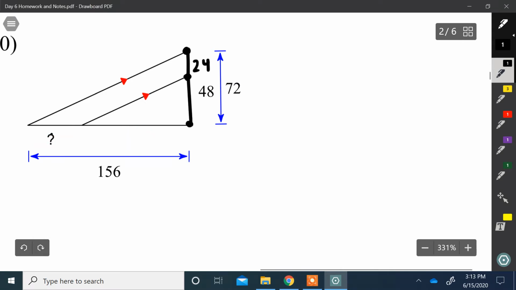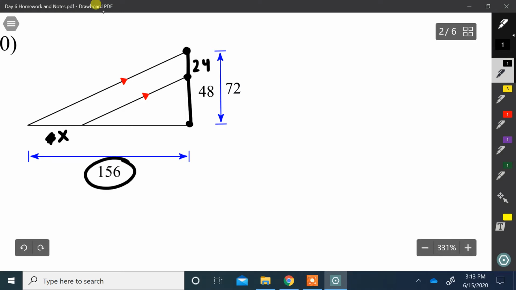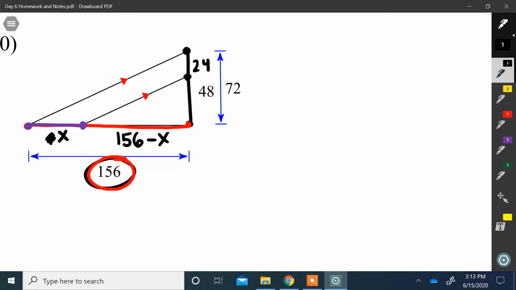Instead of question mark, we're going to say that this is x. If the whole thing from here to there is 156, and from here to here is x, then this portion right here should be 156 minus x. That should make sense. It's the blue minus the purple.